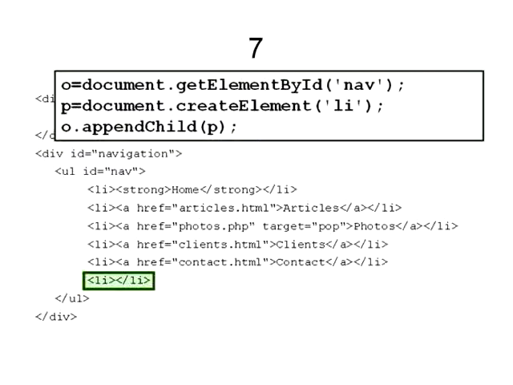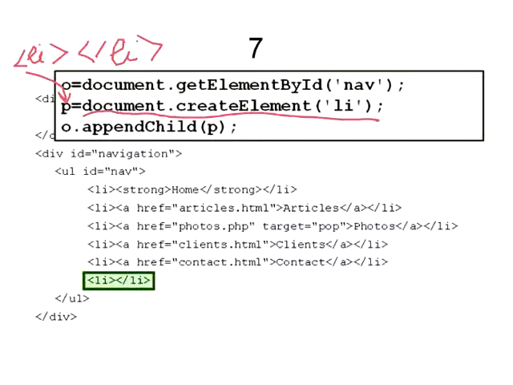So we can also create a new element. When we write document.createElement li, that means P will be an li.